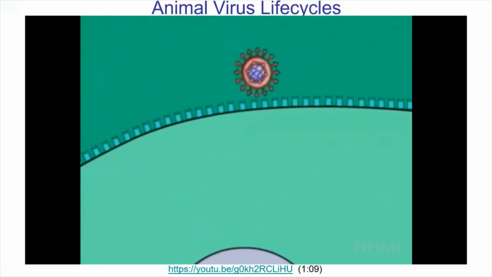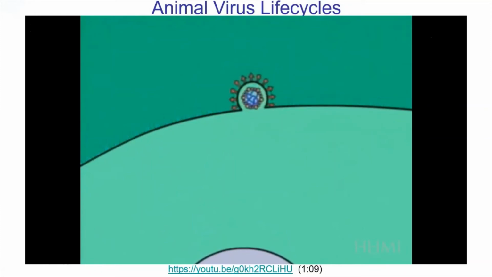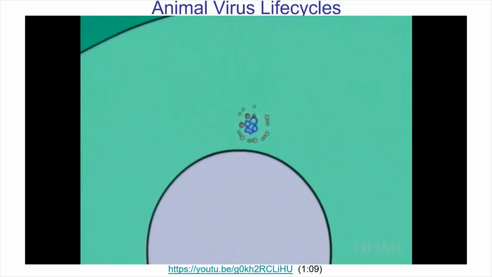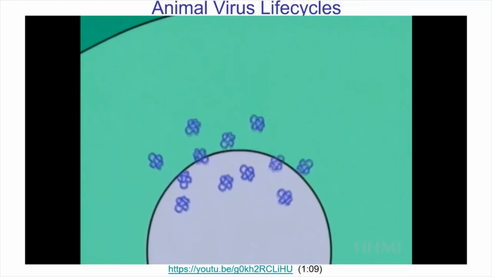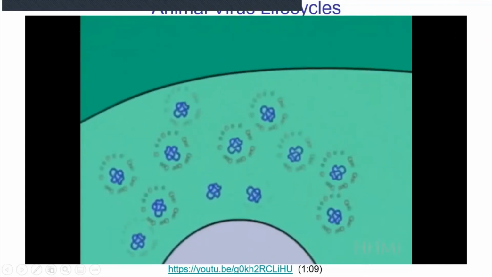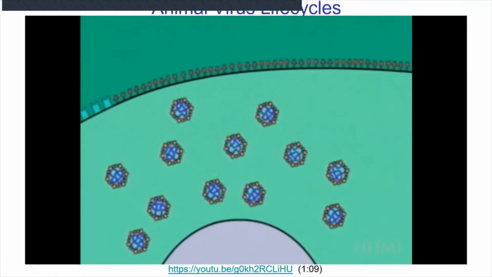Here comes the virus particle that's going to bind. Here comes the disassembly stage. The genomes will, in this case, enter the nucleus. Not all viruses have to do that. And now you see replication. Here comes the assembly reaction. And these capsids are now going to go to the cell surface and bud.